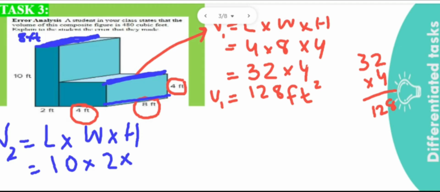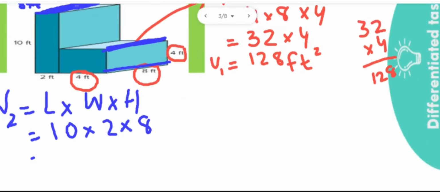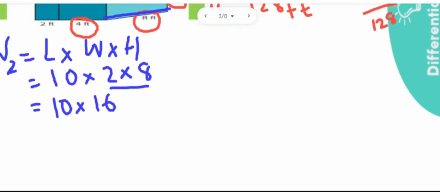I shuffled them, but it doesn't matter because finally we multiply and the answer will be the same. Whenever you have to multiply by 10, just multiply the other two numbers together first. That's 16, and 16 times 10 is super easy. Just add the 0 to the 16. It will become 160 cubic feet.